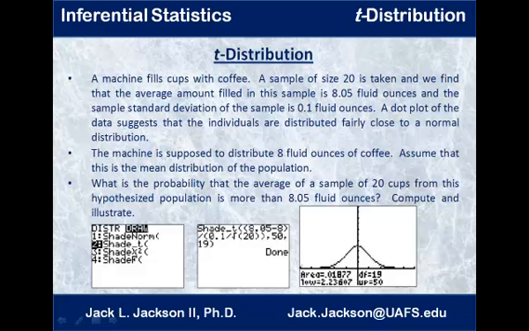Well, here we are back again, and I can actually shade it in, and this will compute everything for me. I can go to distributions, which is second VARS, second variables, and then right arrow to Draw, and choose number 2, which is ShadeT.